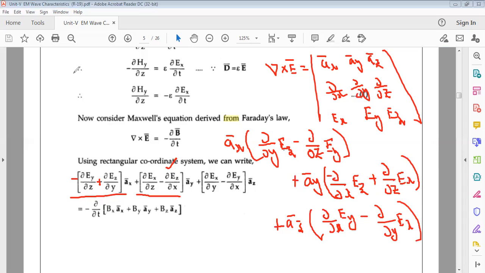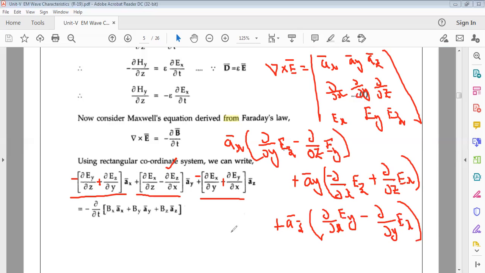Got it, my dear students? Into az bar. And here see dou ey by dou x minus dou ex by dou y, here also it is a plus, and this one you can keep the minus into az bar. That is equal to minus dou by dou t of Bx ax bar, By ay bar, Bz az bar.